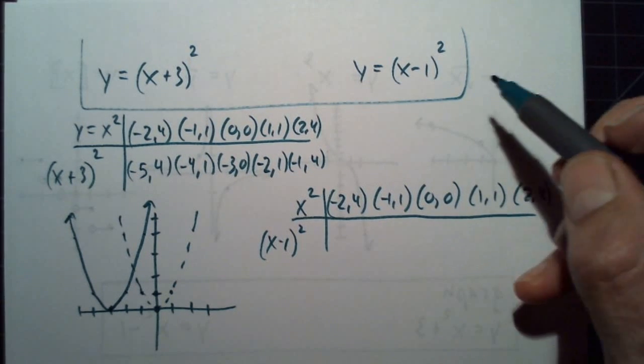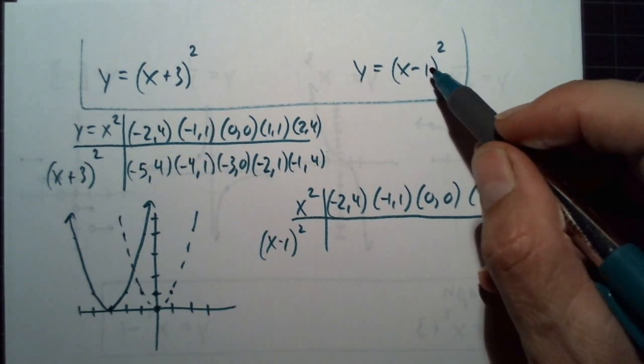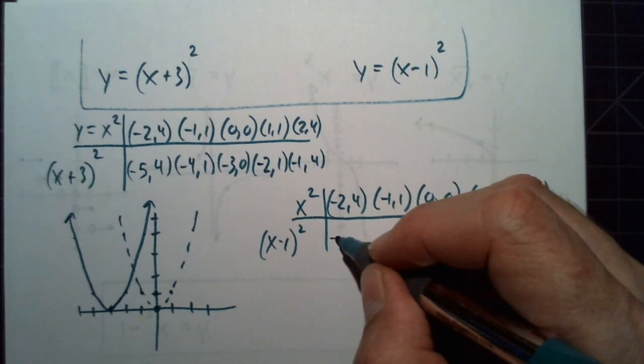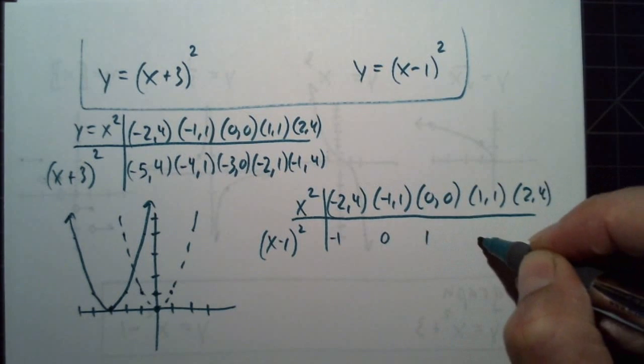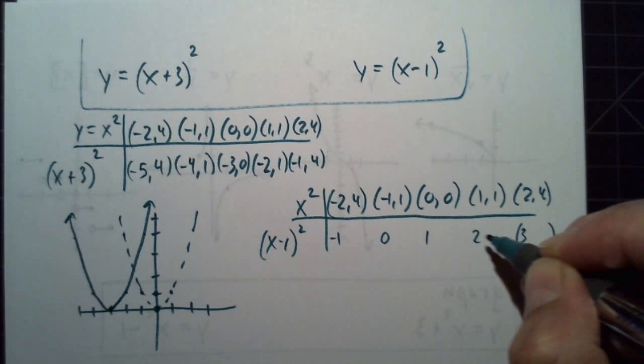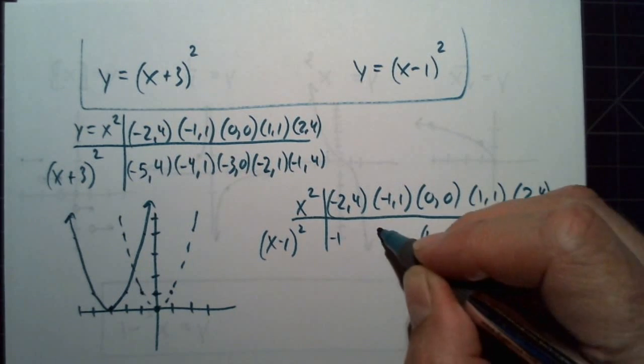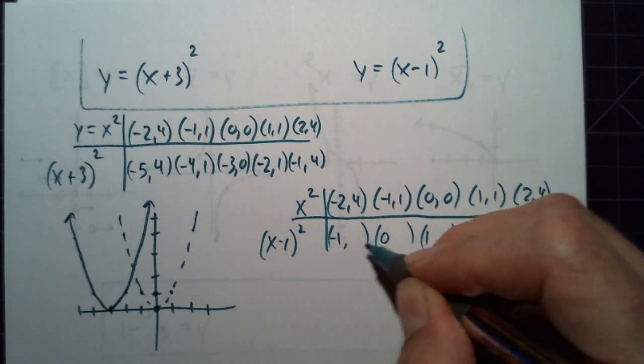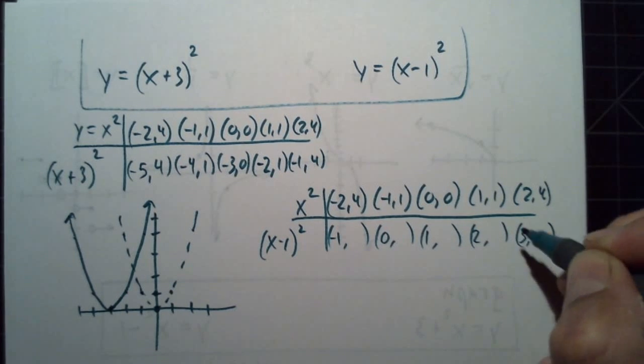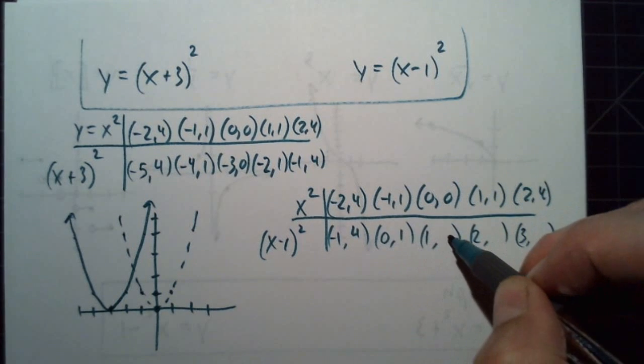And remember that we have to do the inverse. When it's a horizontal change, we're going to add 1 to all of the x values. Don't change the y values.